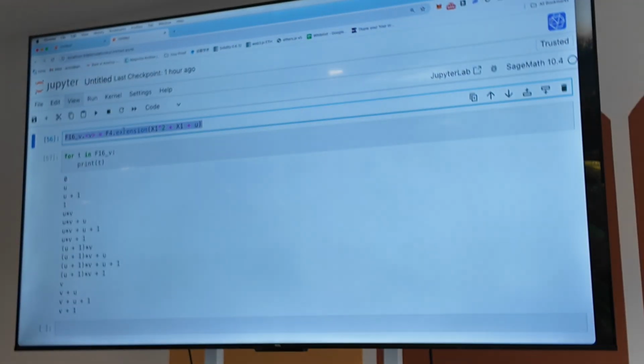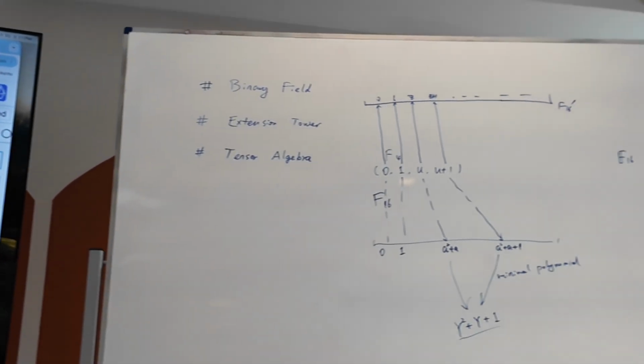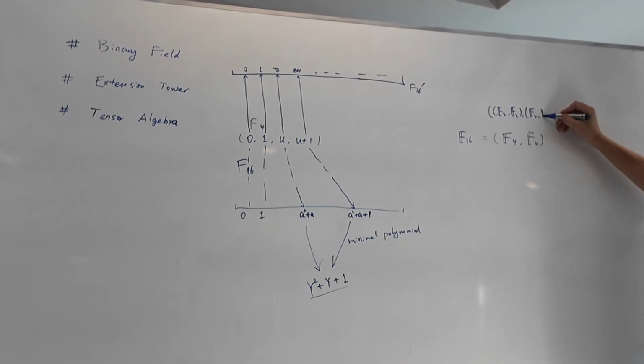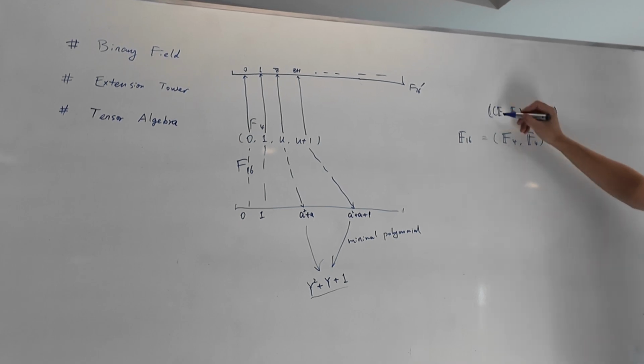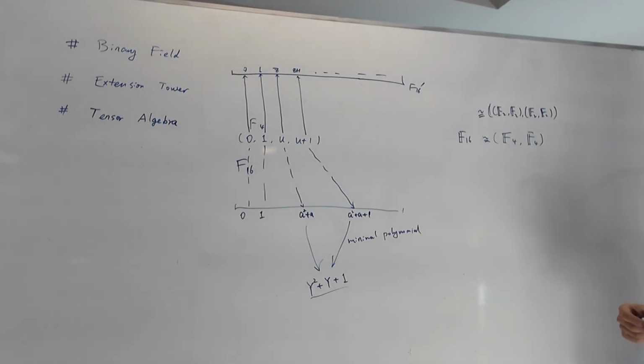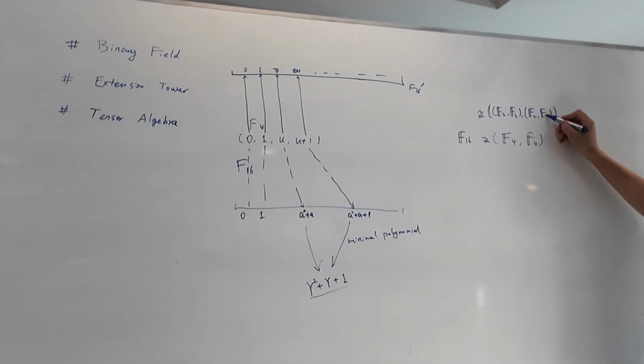We define F16 as a tuple, F2 to the 4. With this degree 2 extension, we naturally introduce a pair structure, and F4 can decompose as 2 copies of F2.